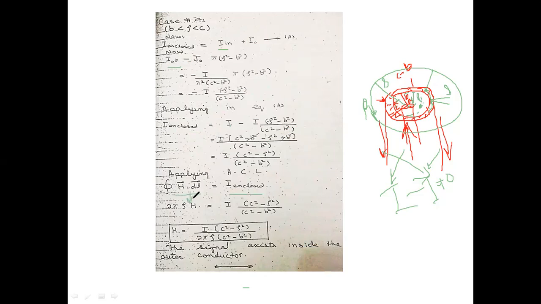H dot dl for the complete path is equal to this, and I enclosed we have found here. So putting the I enclosed over here, we will get H is equal to I over 2 pi rho. We will divide by 2 pi rho on both sides, so this will be shifted over here: I over 2 pi rho, times C square minus rho square over C square minus B square. This is actually the H for the case if we have the point of observation in between B and C.